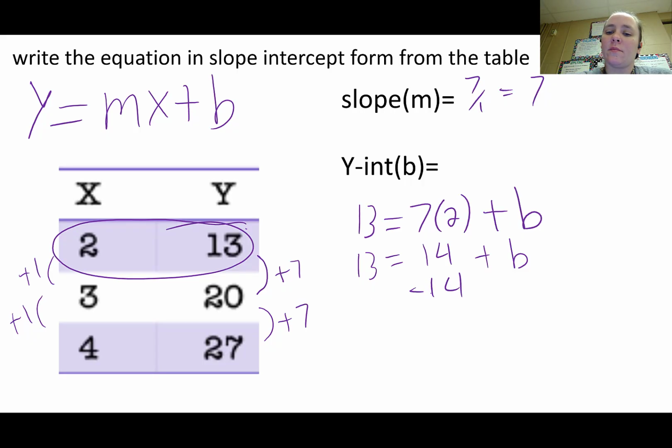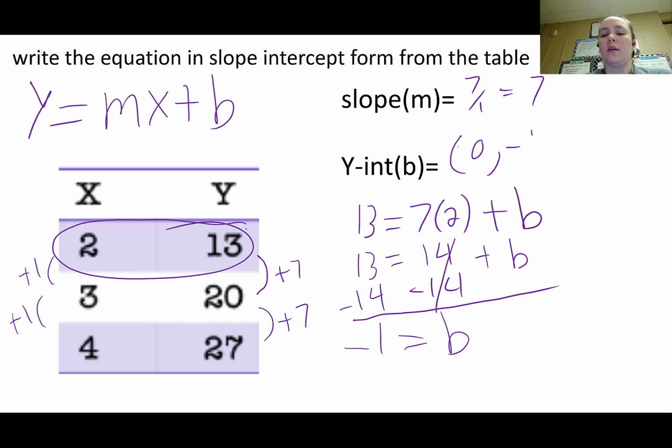Subtract 14 from both sides, which gives me those canceling out. So I get negative 1 is equal to b. So my y-intercept is the point 0 comma negative 1, or you could just say negative 1.